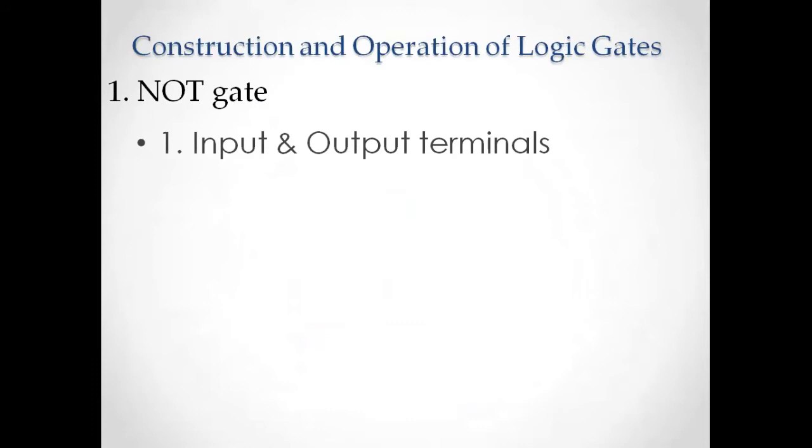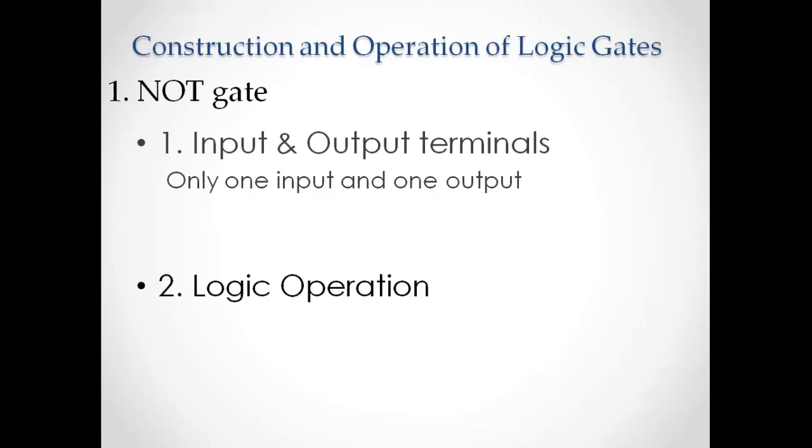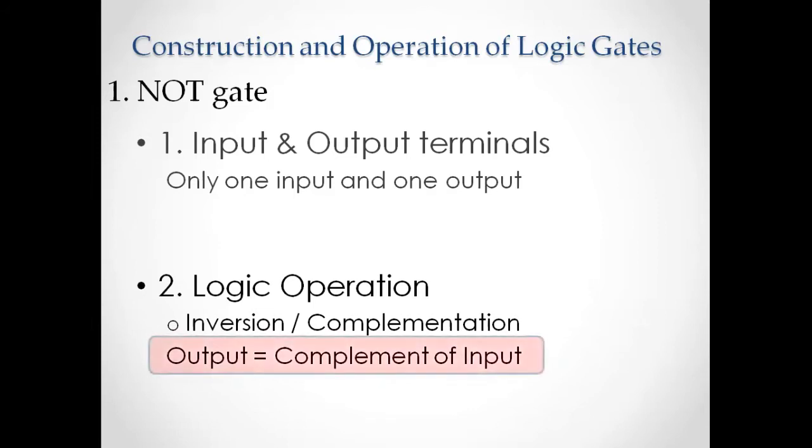The NOT gate has only one input and only one output. And the logic operation performed by the logic gate NOT is called inversion operation or complementation operation. This means we get the complement of the input at the output, or we could write the logic as output equal to complement of input.